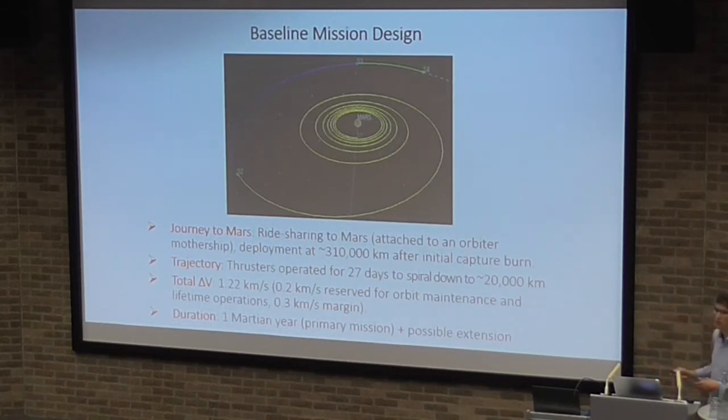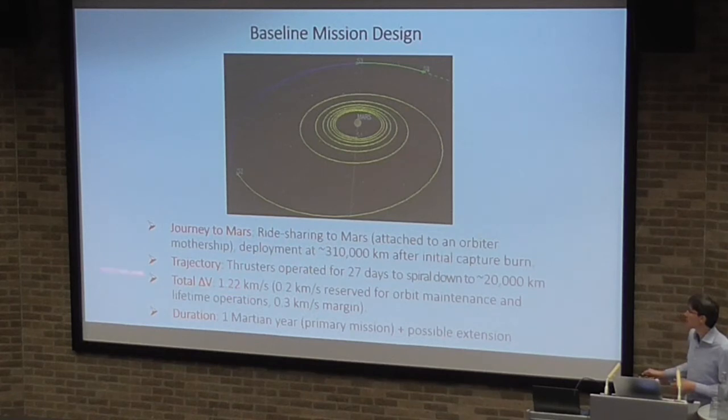We'll be attached to an orbiter because we want the orbiter to perform the orbit capture for us before being deployed. So our CubeSat will be deployed around 310,000 kilometers far from Mars, and then we'll be spiraling down to about 20,000 kilometers from the center of Mars, which is the aerostationary altitude.